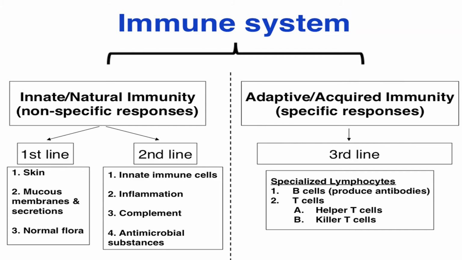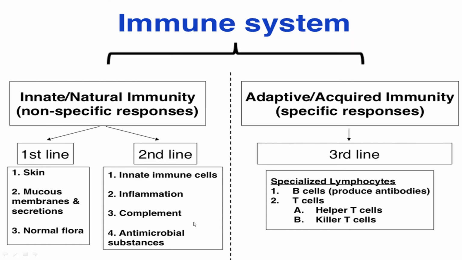Clear? Like this, inflammation or any kind of complement or antimicrobial substances present in our immune cells somehow act as the specific line of response, because they can identify the specific pathogen causing that disease. And when that pathogen enters our body, that antibody will resist its disease formation. Right, so it is specific in nature.